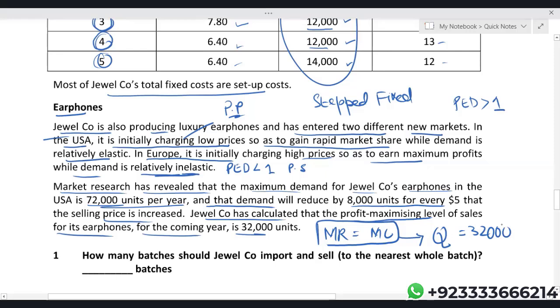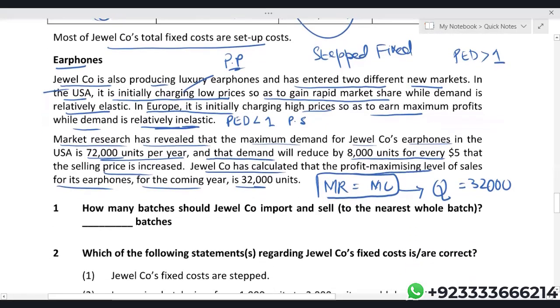At that point, the examiner has already found for us the quantity demanded there, 32,000 units. Okay. Now let's see. How many batches should Joule company import and sell to the nearest whole batch?